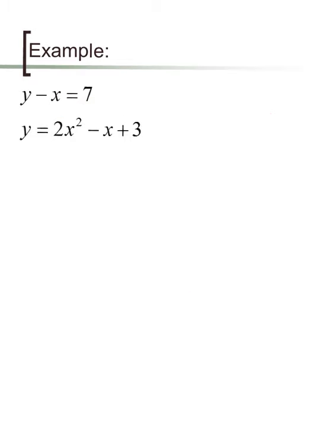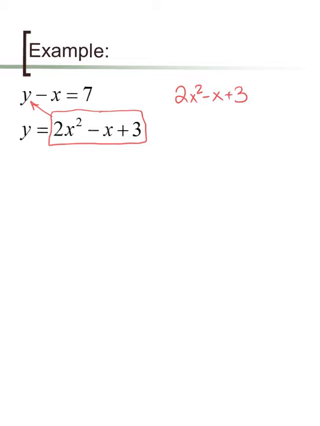If we look at the next example, again, the first thing I want to do is check, does one of my equations equal y? The bottom one does. So I'm going to take this, and I'm going to plug it in there. So for the top equation, this now becomes 2x squared minus x plus 3.